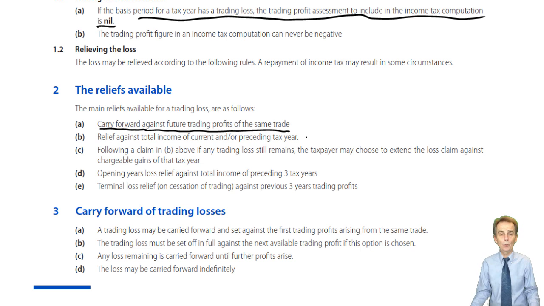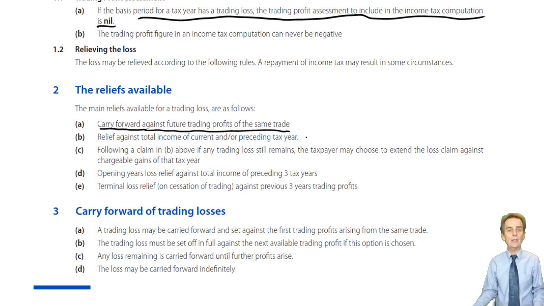When a loss goes forward, then it will go against the next available future trading profit of that same trade. You cannot go forward to the next year and say, oh, you know what, I think this year's trading profit is so small, I won't bother. It's not an option. It will go against all of the next available future trading profit until such time as the loss is used or until the trade ceases. It goes forward against the future trading profits of the same trade.